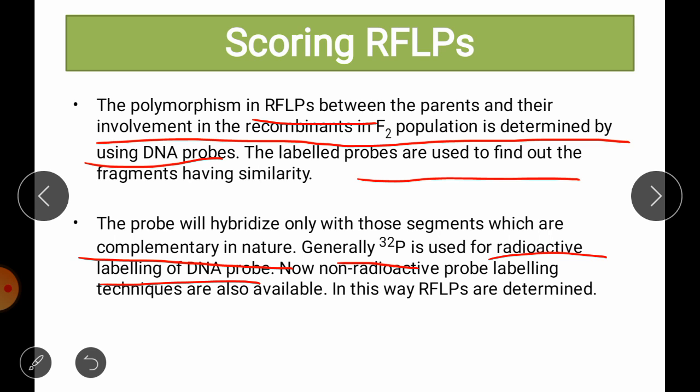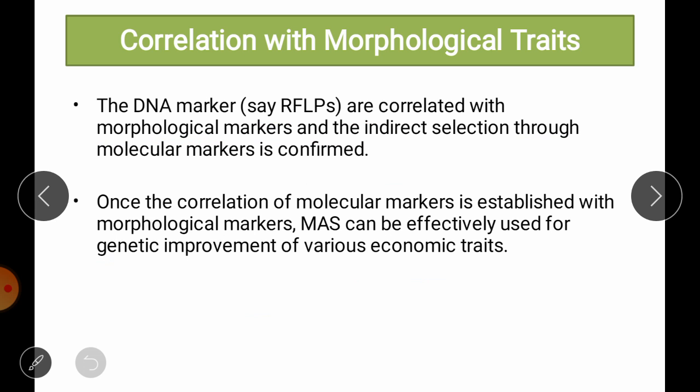But nowadays we also have non-radioactive probe labeling techniques that can be utilized here for scoring of your RFLPs. After scoring, you have to make a correlation with morphological traits.